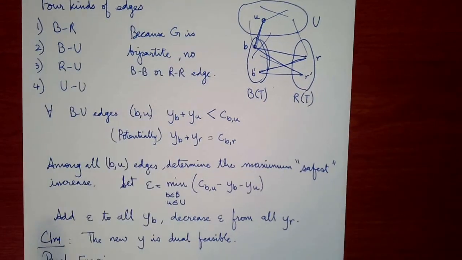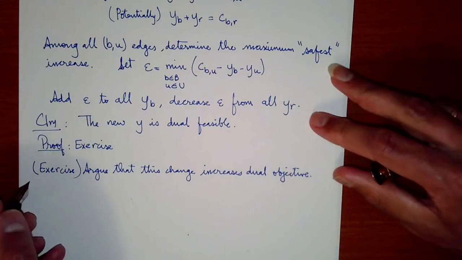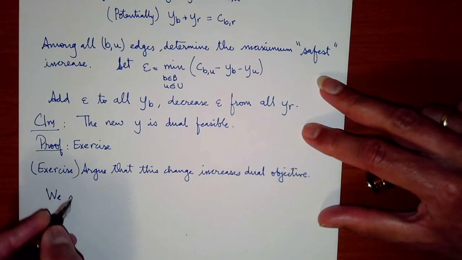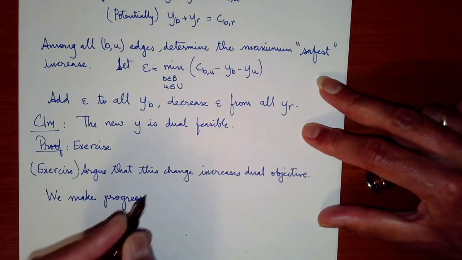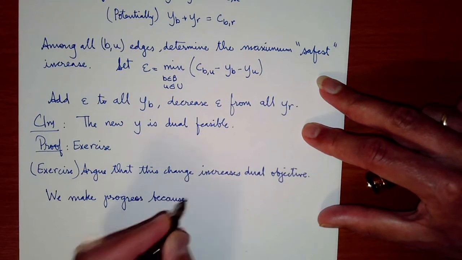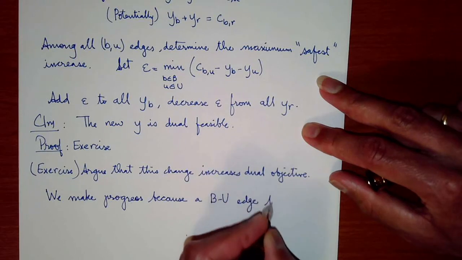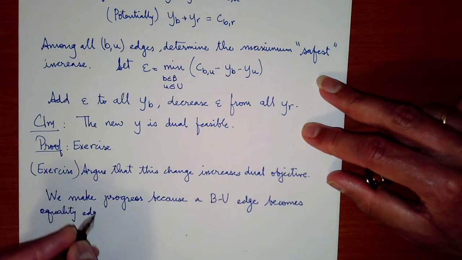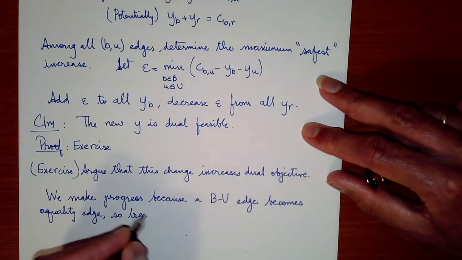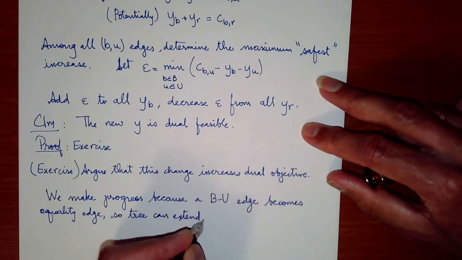And this is the Hungarian algorithm. So we make progress because a BU edge becomes an equality edge, so the tree can extend. And so this is the process now.